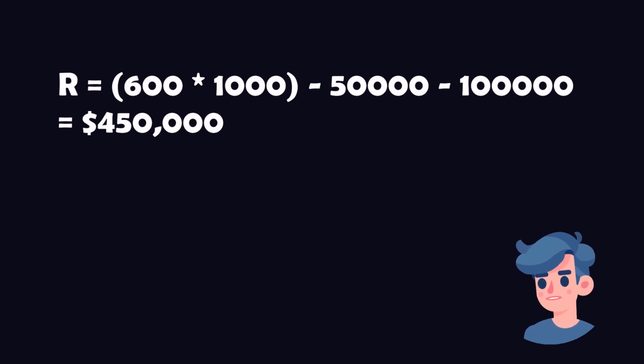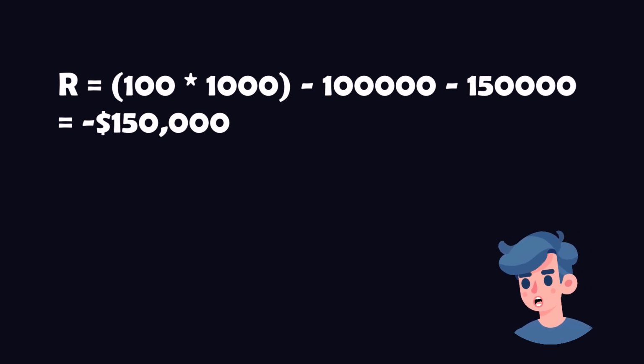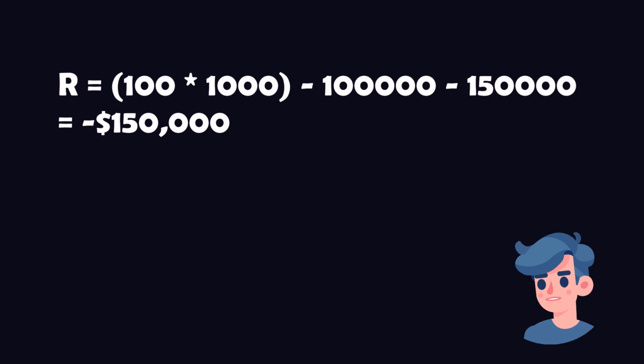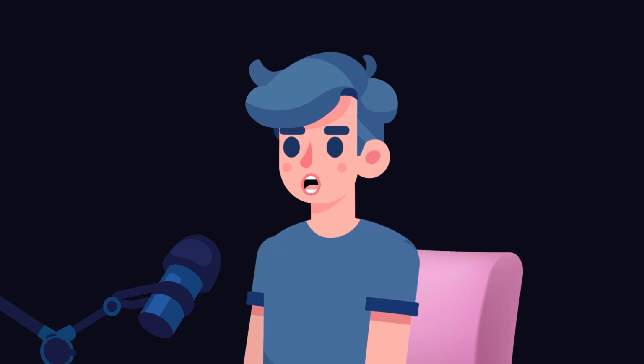Plugging these values into our equation, we get the result. For the worst-case scenario, let's assume market demand is 100 units, competition cost $100,000, and production cost $150,000. Plugging these values into our equation, we get the result. By using these models, Tech Innovations Inc. can visualize and better prepare for these different outcomes.